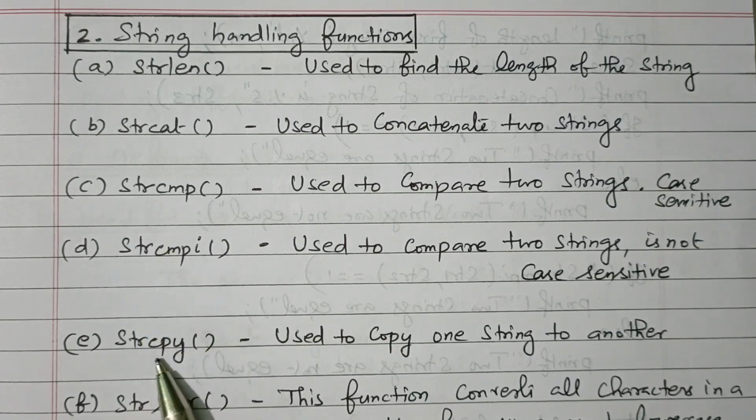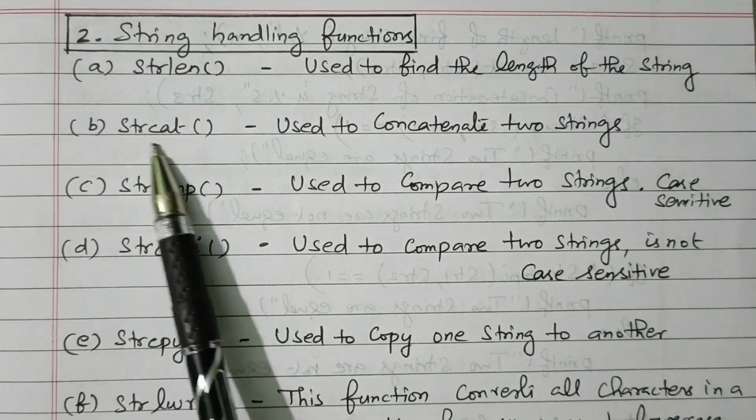strcpy, string copy, used to copy one string to another. Here we can specify two strings, for example string 1, string 2. The content of string 2 will be stored in string 1. The already available content in string 1 will be overwritten.